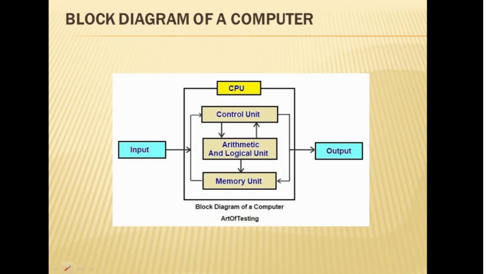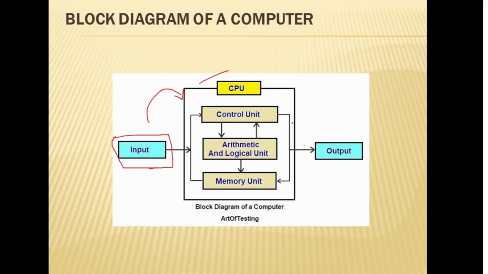This is the block diagram of a general computer. Usually the computer block diagram starts with an input device. They are going to give an input from the user. Afterwards, the input is processed by the processor. The processor here is nothing but the CPU. The CPU processes that input.